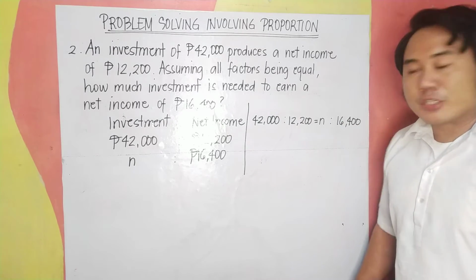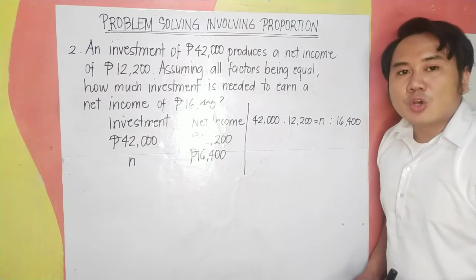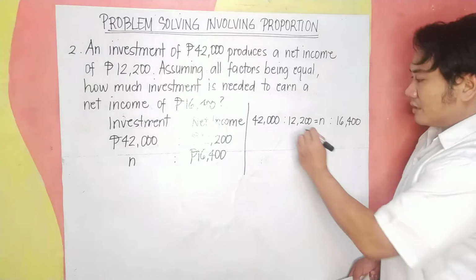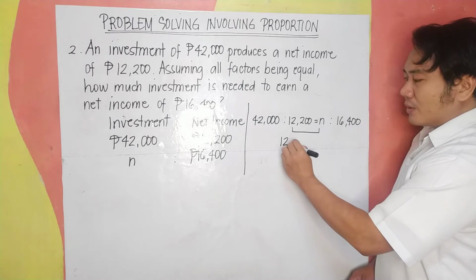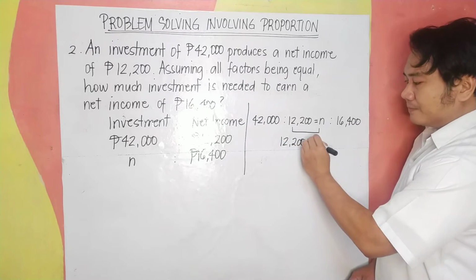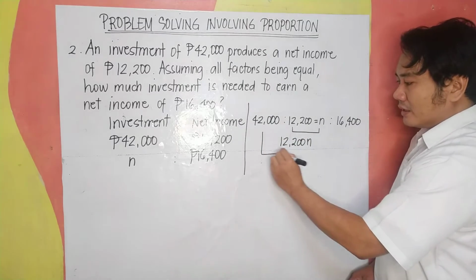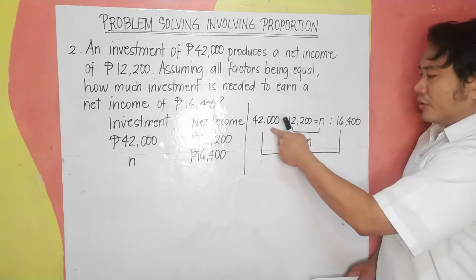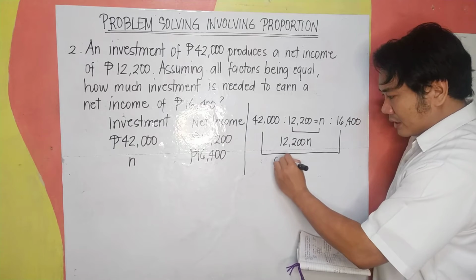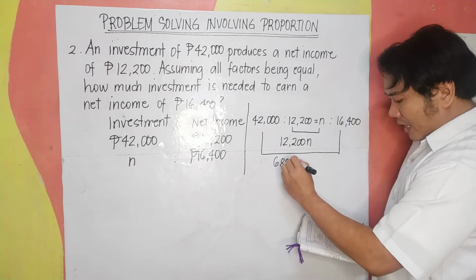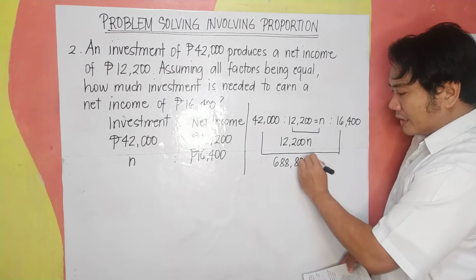So, this is our proportion na. To solve for N, we're going to multiply the means and the extremes. 12,200 times N is 12,200 N. And then, 42,000 times 16,400 is 688,800,000.